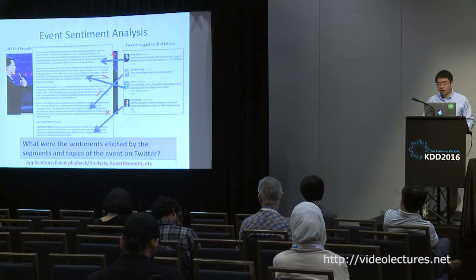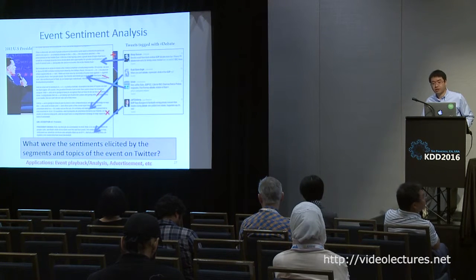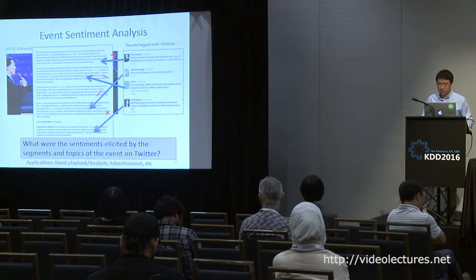We want to know, given the topic of healthcare during the debate, what is people's opinion about this topic? People may say, I like Obama's proposition on this topic versus I do not like Romney's proposition on this topic. So we want to know the sentiment orientations.